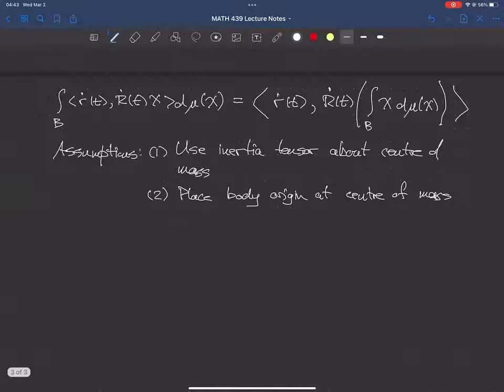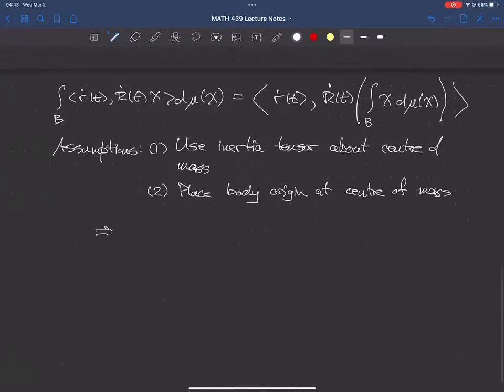So in that case, what this means is that the inertia tensor is the inertia tensor about the center of mass, which we write as IC, and IC applied to a vector u by definition is going to be the integral over the body.